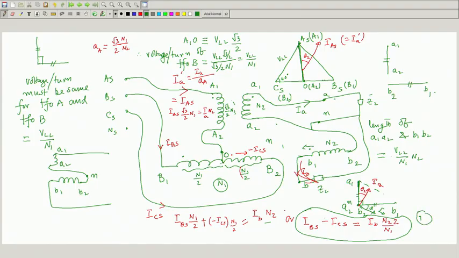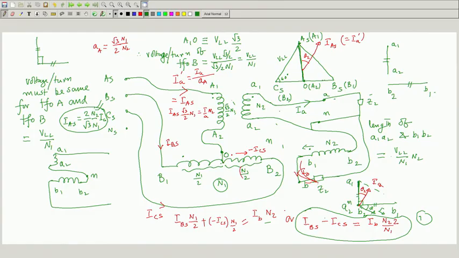I_AS in terms of secondary currents I have already calculated. I_AS was how much? See, I_AS I have already got: 2 by root 3 into N2 by N1 into I_A. So I have to find the 3-phase side currents in terms of secondary currents, of which I_AS is already obtained.